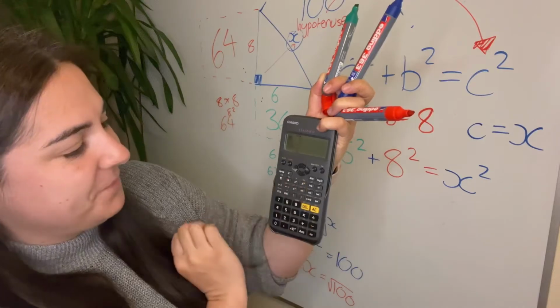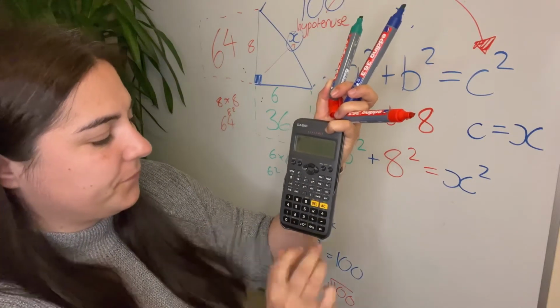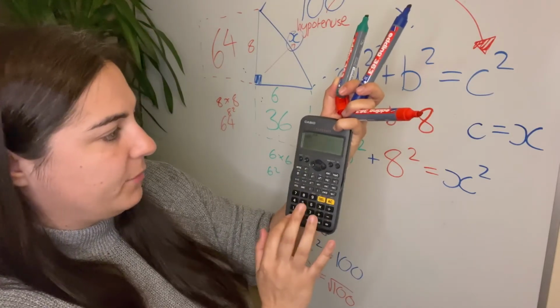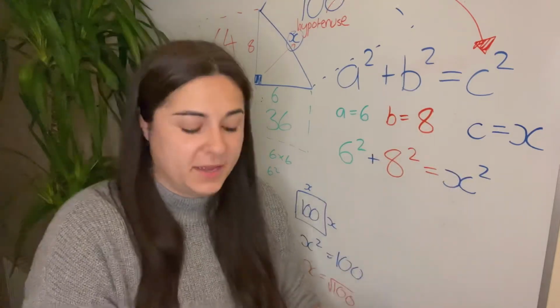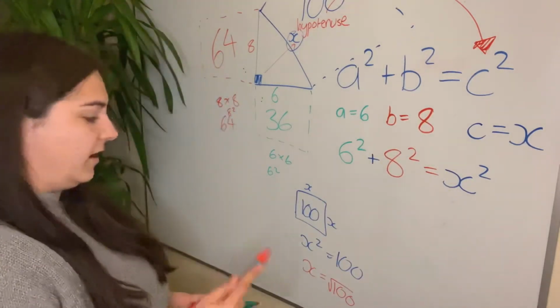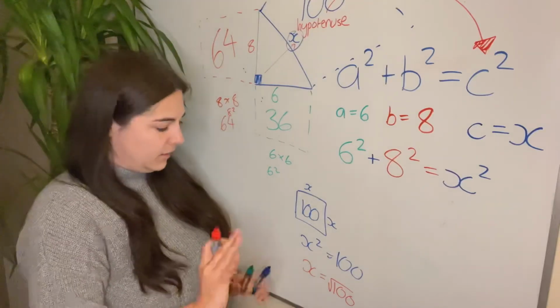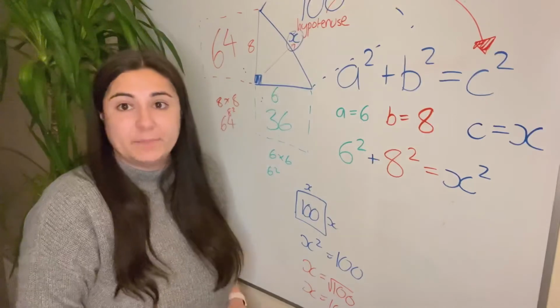Okay, so that button there gives you the square root. So you just type that, press 100, and it'll tell you what it is. Or alternatively, you might remember that 10 times 10 is 100, and therefore the square root of 100 is 10. So therefore, the value of x over here must be 10.